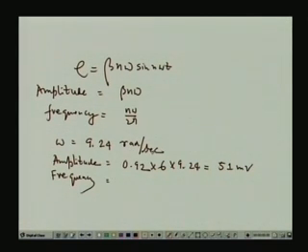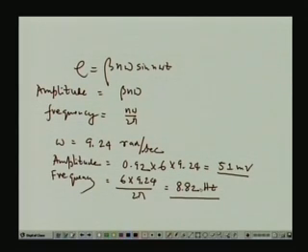This is in milliweber, so this should be in millivolts. Frequency will be 6.6 into 9.24 by 2 pi. This will be equal to 8.82 hertz. Okay. So, this is the amplitude, this is the frequency, right, and this is for the minimum flow rate, okay, minimum flow.